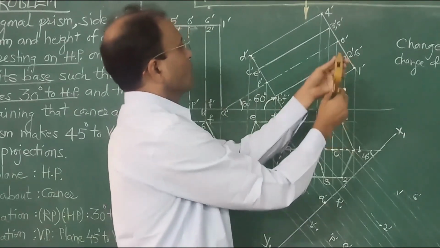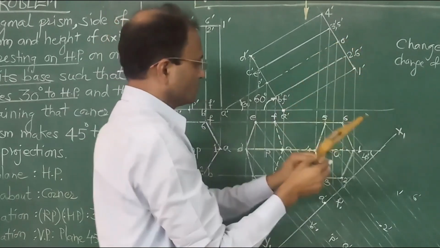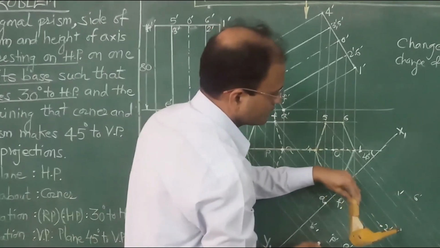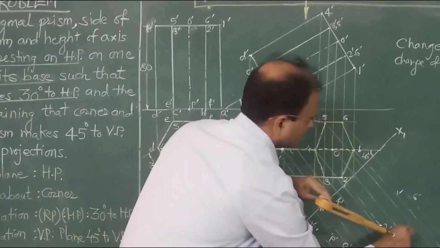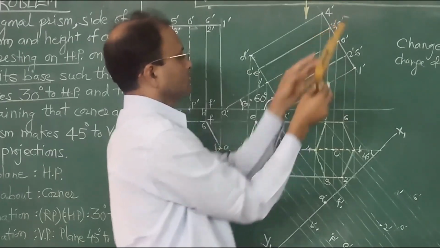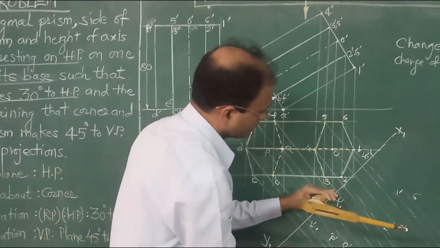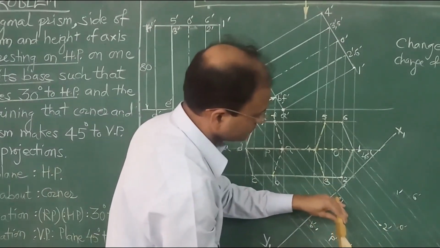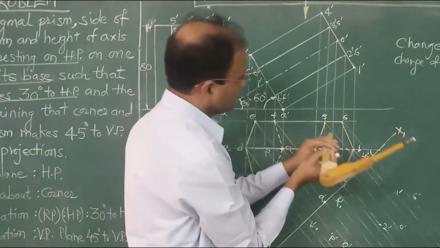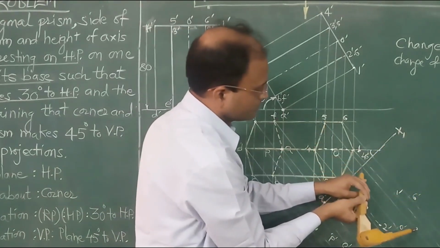Then distance of O, that is O dash, along its projector. So along this you get O dash. Then distance of 3 and 5, mark along projector through 3. So this is 3 dash. And same distance on projector through 5.